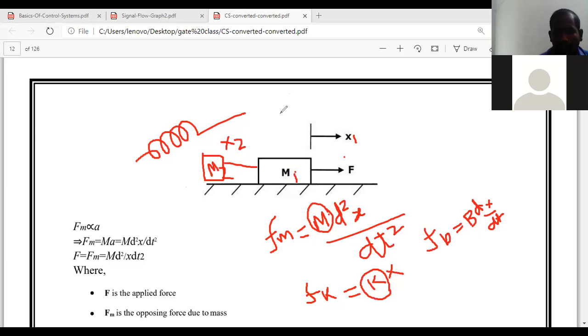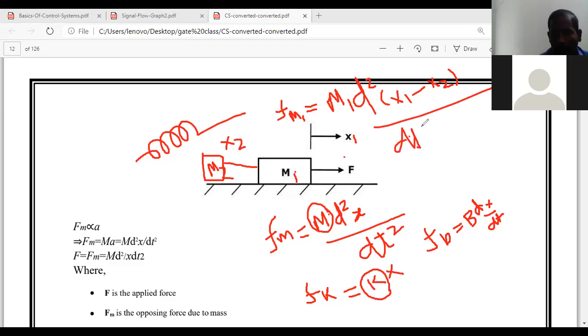With respect to mass element 1, Fm1 is equal to M1 into d square (x1 minus x2) by dt square. Similarly for M2. Is it clear? Next.